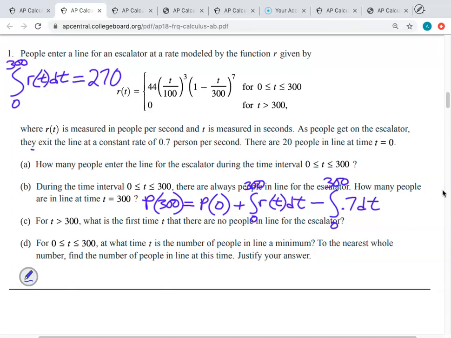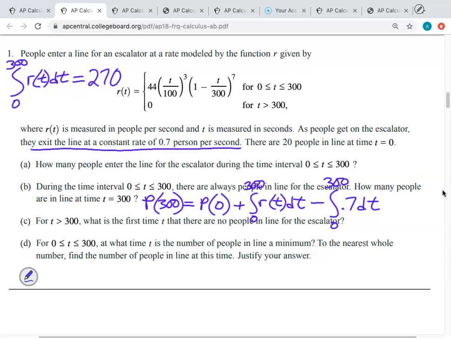Oh, so people exit the line at the constant rate of 0.7 people per second. So that's like your leaving rate. Yes. Would it be okay if you just did minus 0.7 t, evaluated from 0 to 300? I mean, yeah, you can't just write a generic function because these are numbers, not functions.